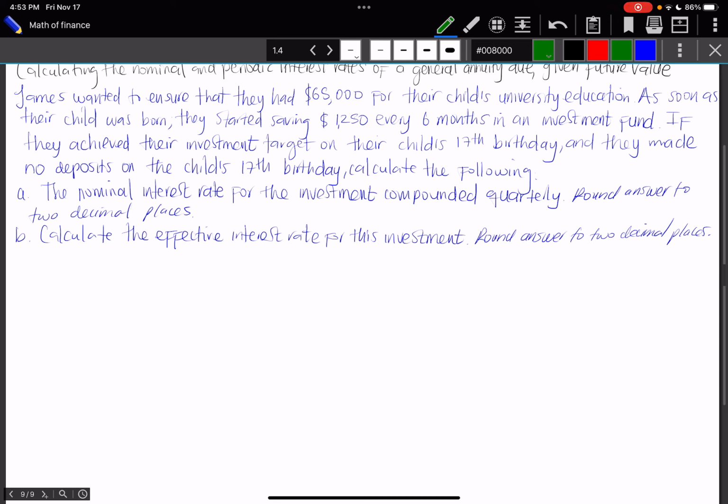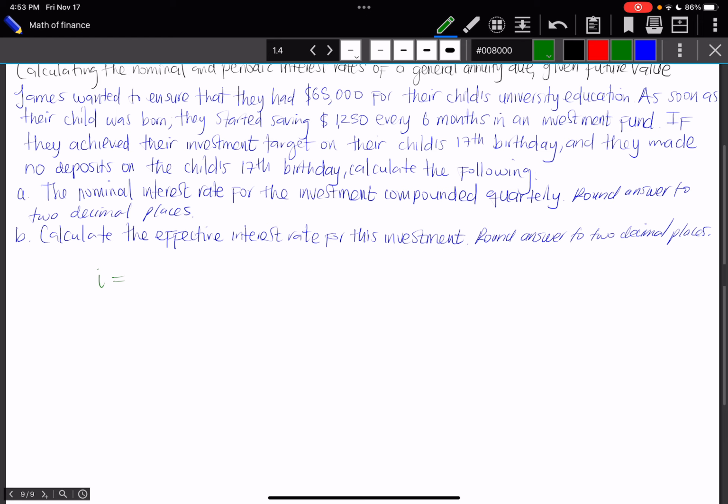Now, we have that the value right here is found by using a formula. Remember, there's a formula for the effective interest rate when we're working with a general annuity due.